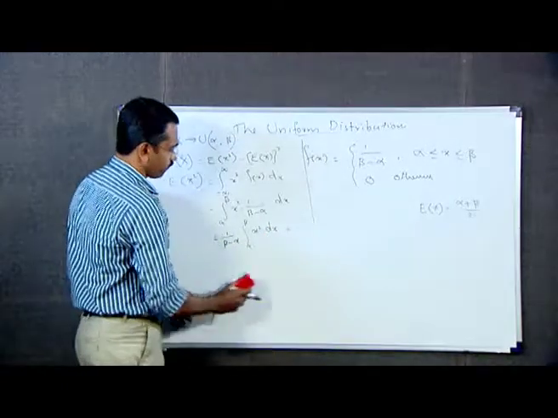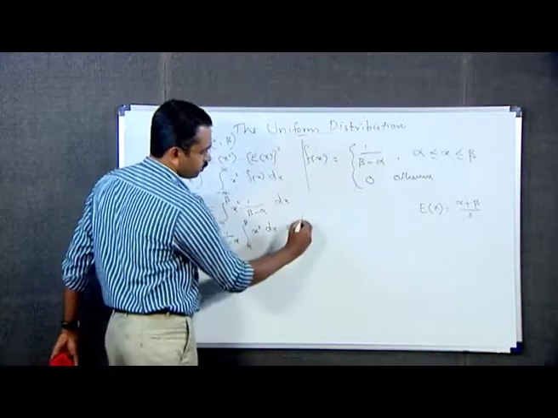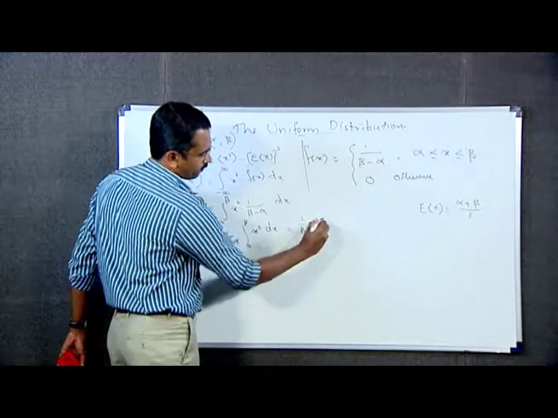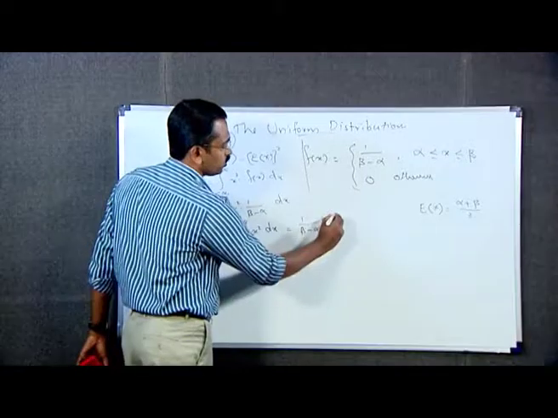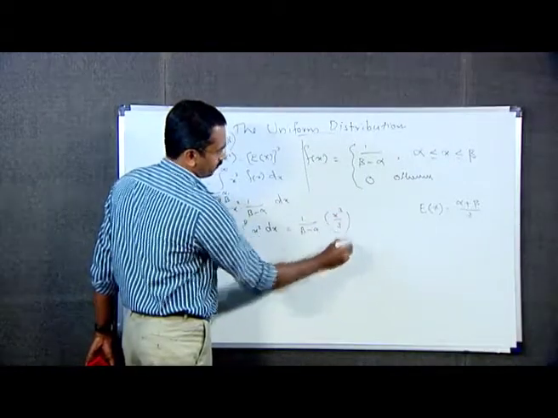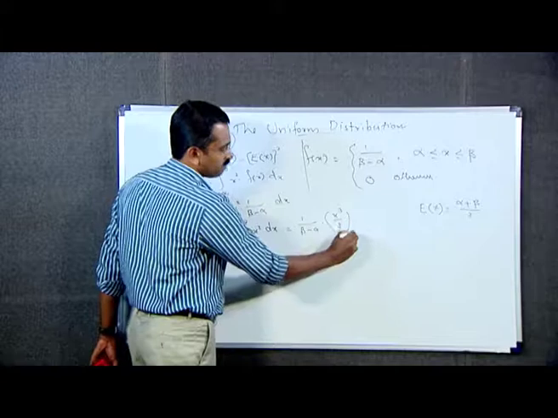That is equal to 1 by beta minus alpha into, integral x square dx is x cube divided by 3 between the limits alpha and beta.